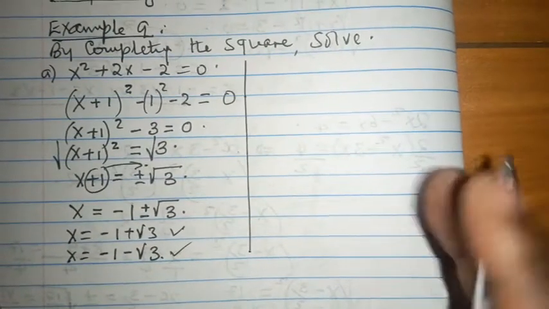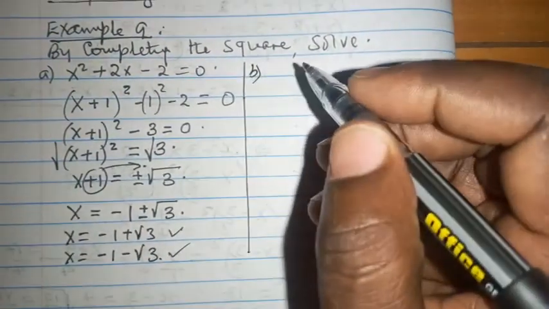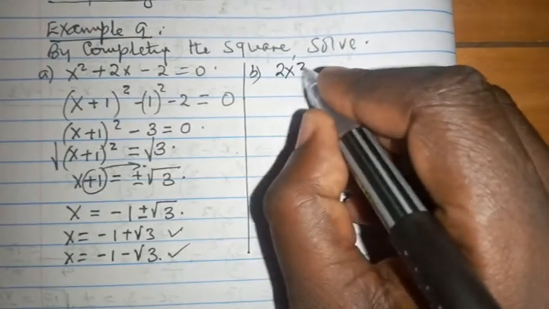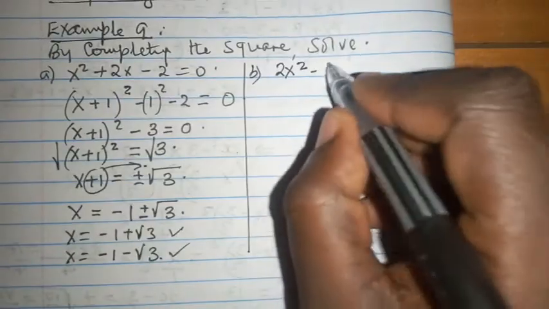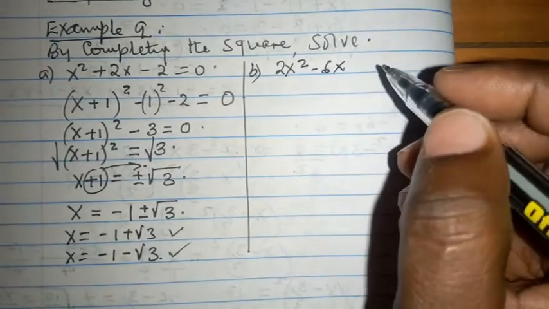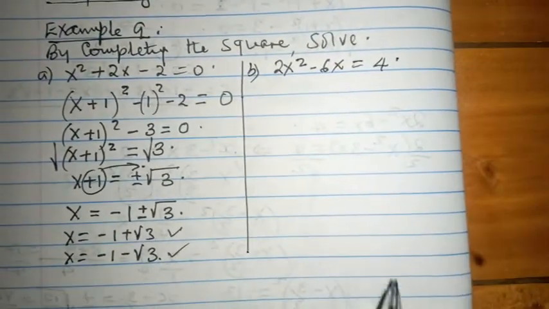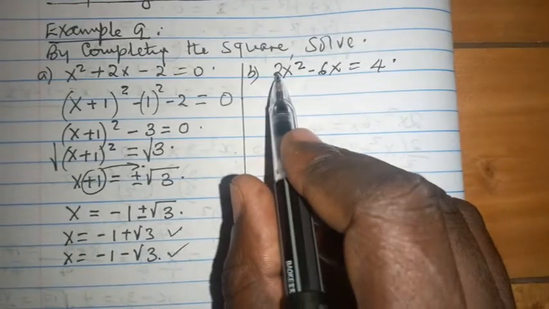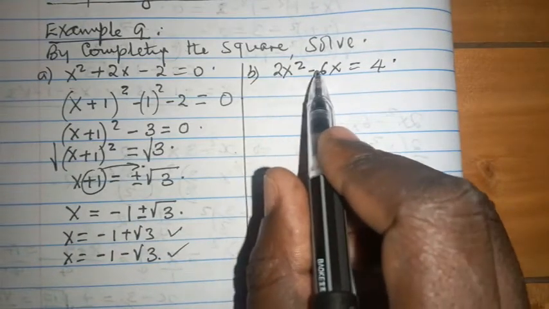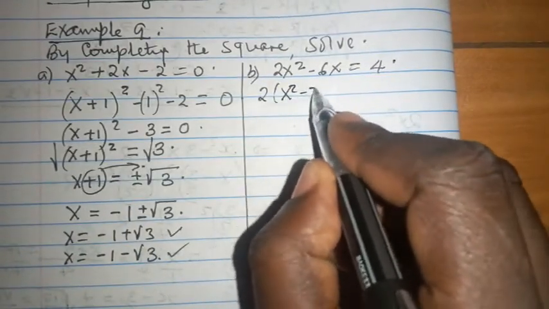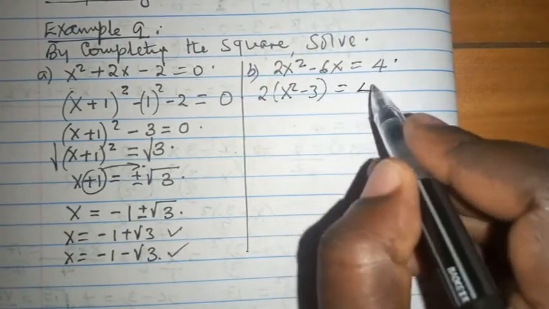And in the same example, I want to express part B, which is 2x squared minus 6x is equal to 4. You realize that 2 is common between the first and the second term, so you'll have 2(x squared minus 3x) is equal to 4.